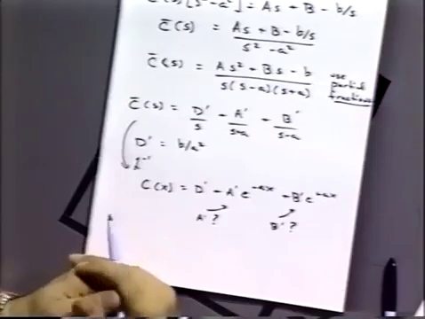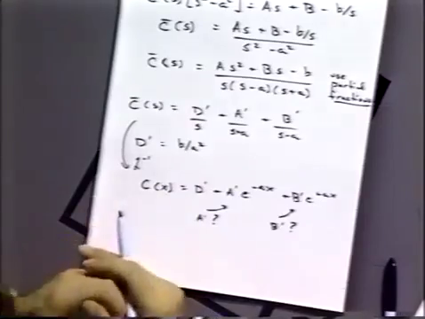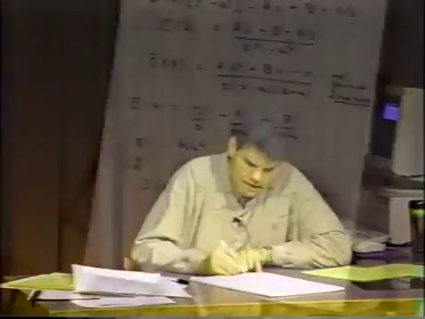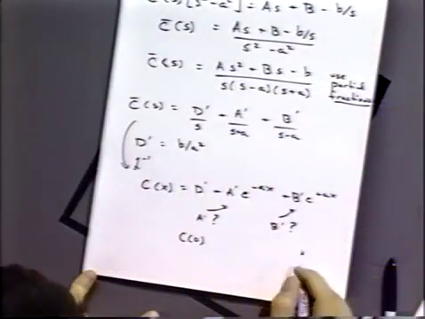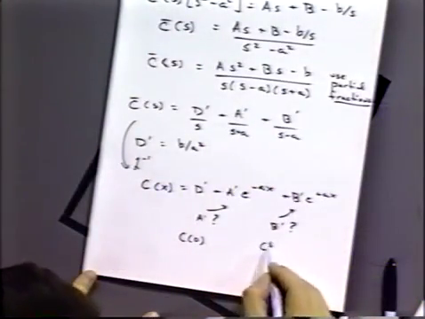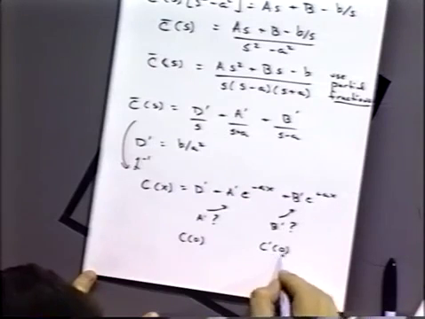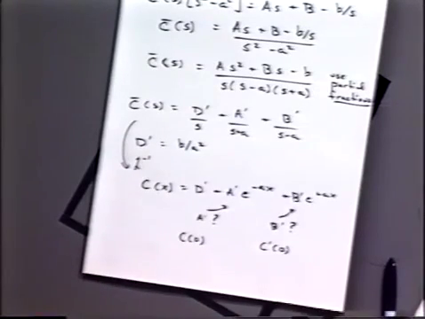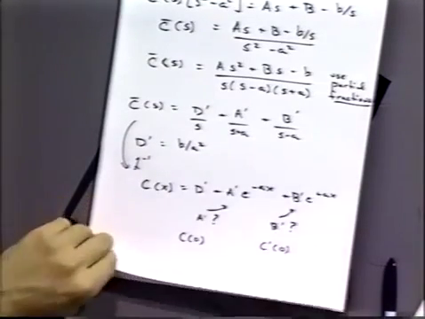And those values are not going to be available to us until we put in some initial conditions. We need to know basically what the concentration is at x equal to 0 and what the derivative of the concentration is at x equal to 0 to get the values for a prime and b prime.